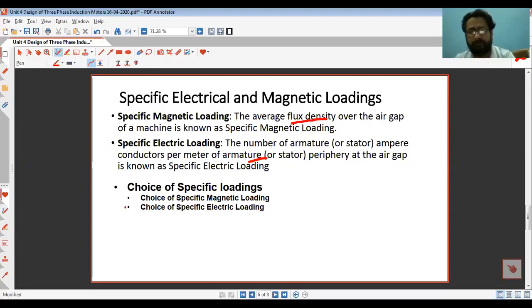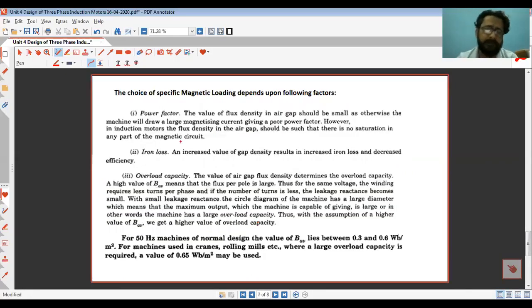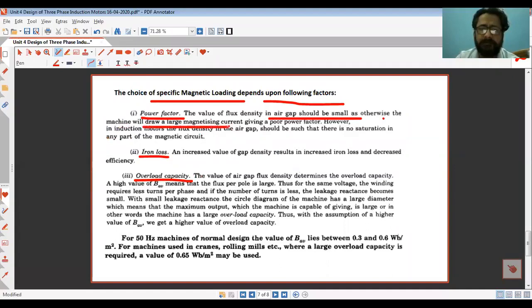Now the choice of these loadings is affected by certain factors. For example, the choice of specific magnetic loading depends upon the following factors: power factor, iron losses, which is the same as we studied in DC machines, and overload capacity. The value of flux density in the air gap should be small, as otherwise the machine will draw a large magnetizing current, giving a poor power factor.